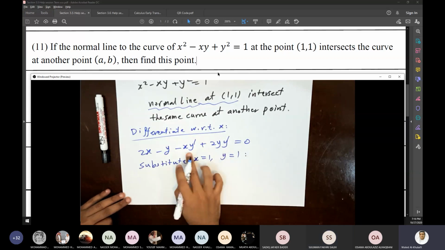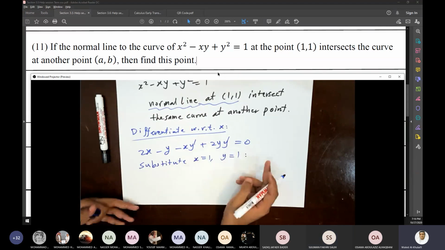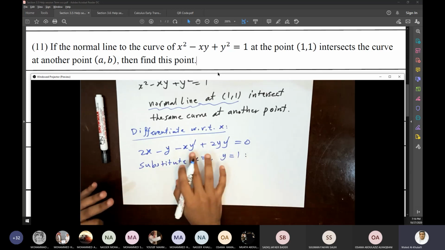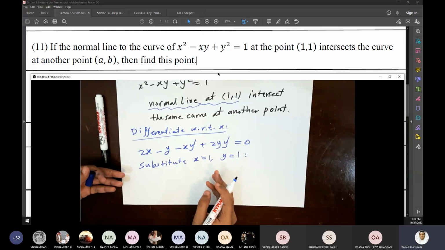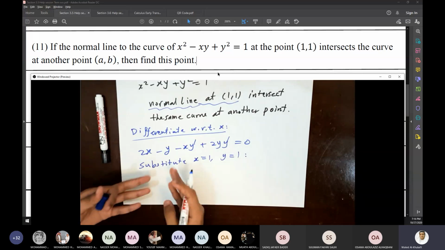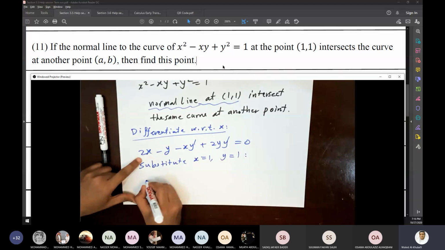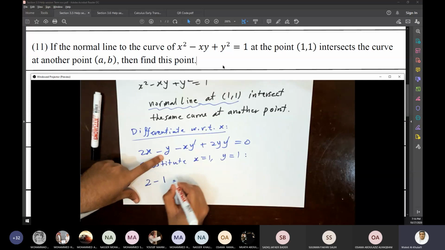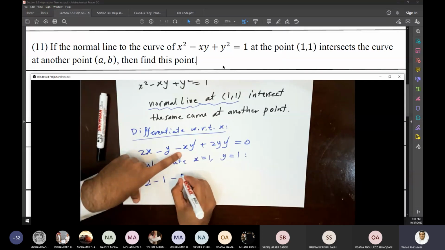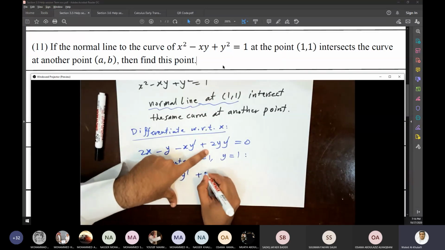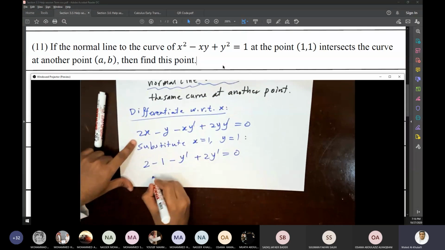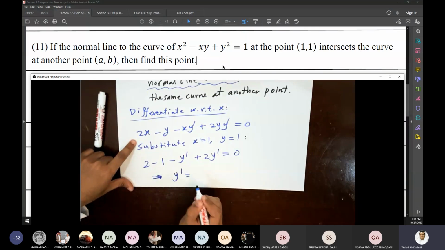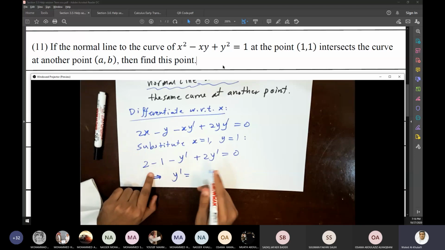So as you see, Shabab, we don't need to write y prime equal. خلاص, substitute, and arranging numbers is easier than arranging the variables. So we have 2 minus, and here 1 minus y prime plus 2 y prime equal to 0. So this implies that y prime equals, because this will give you 1, and this one, when you put it on the other side, is negative 1.